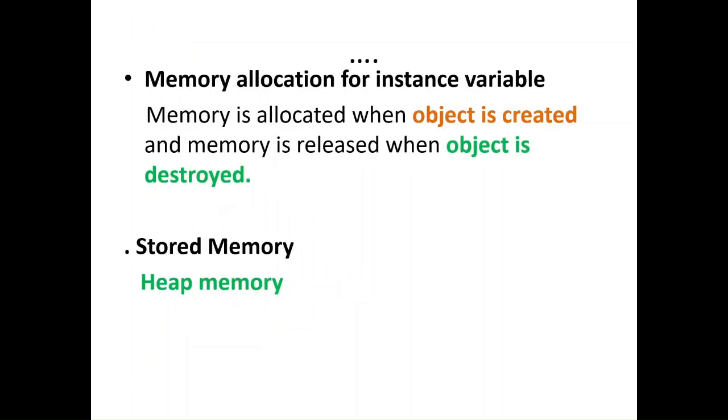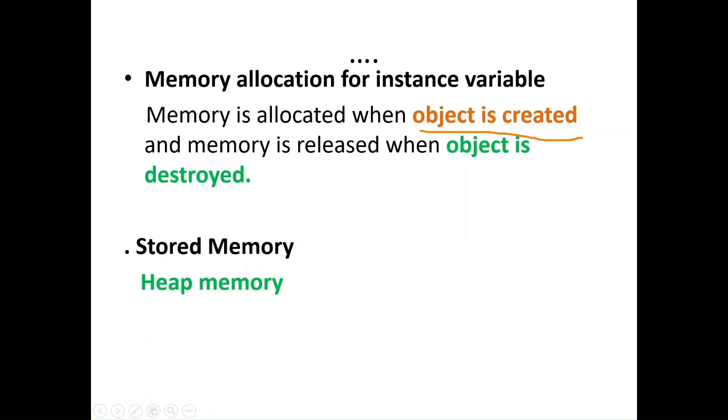Okay. When is the memory allocated for an instance variable? Memory is allocated when the object is created. In the previous case, for the local variable, memory is allocated when the particular method is called for execution. For this instance variable, memory is allocated when the object is created for the particular class, and memory is released when the object is destroyed.